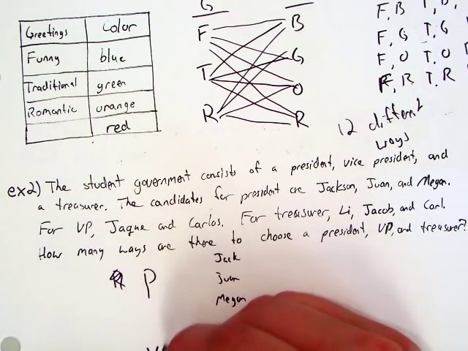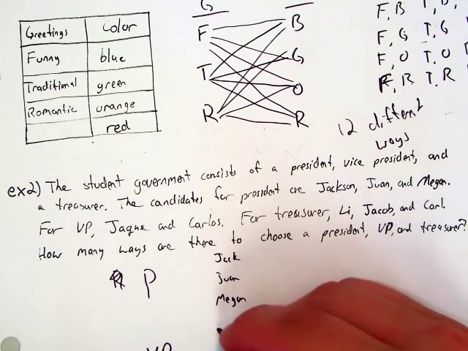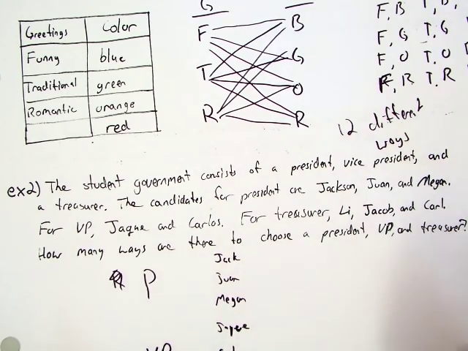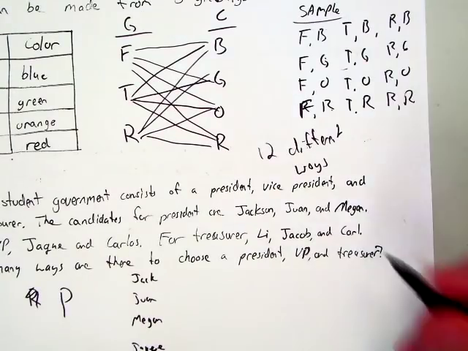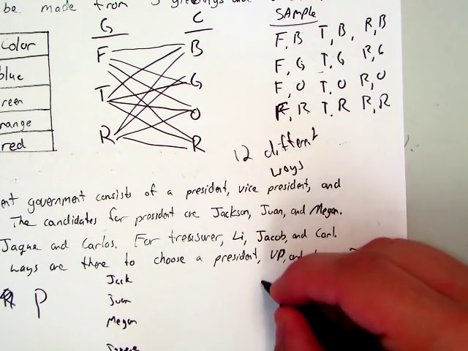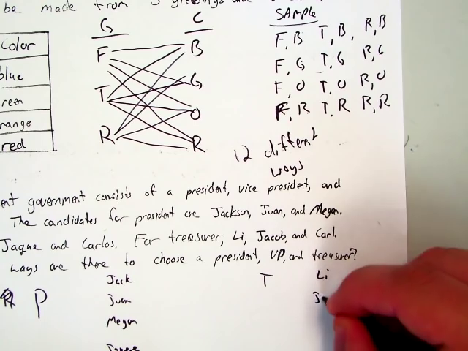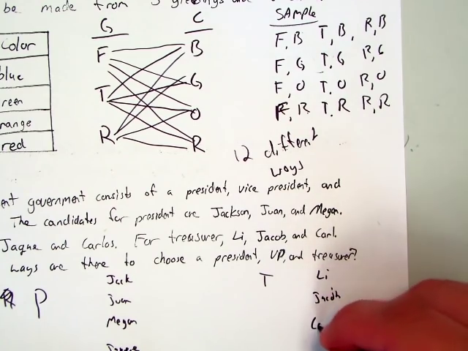For vice president, you have Jackie and Carlos. And then because I ran out of room, for treasurer, we would have Lee, Jacob, and Carl.